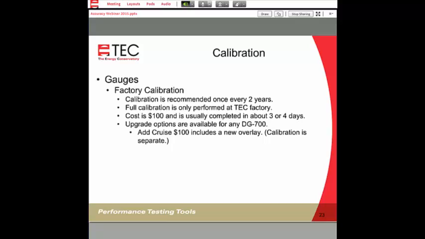So sometimes it could be that you've gone 2 years, and you send that back to us. The as found data shows that all of the readings, the worst reading is going to be maybe 0.5 or 0.6% accurate.